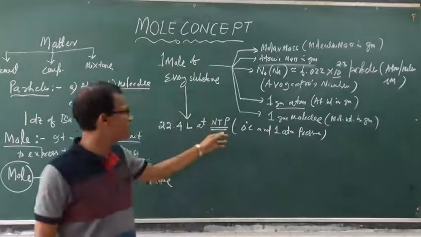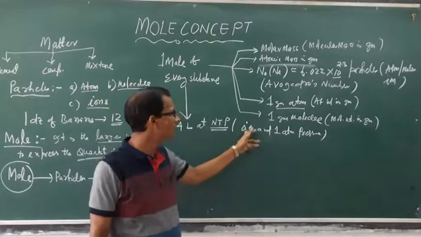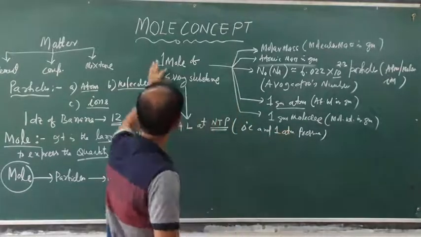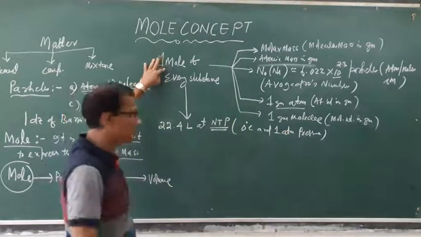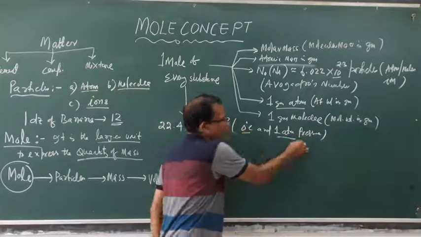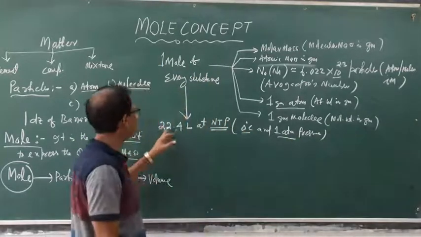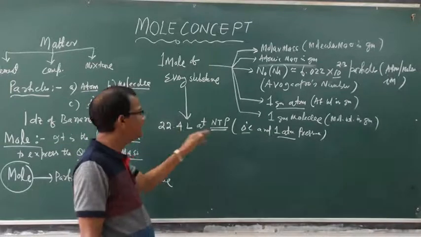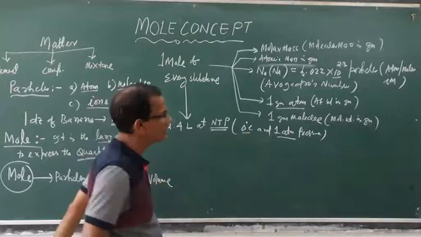When the temperature is 0 degree Celsius and the pressure is 1 atmosphere, 1 mole of every substance at this condition is equal to 22.4 liters. That is NTP, 0 degree Celsius and 1 atm pressure.